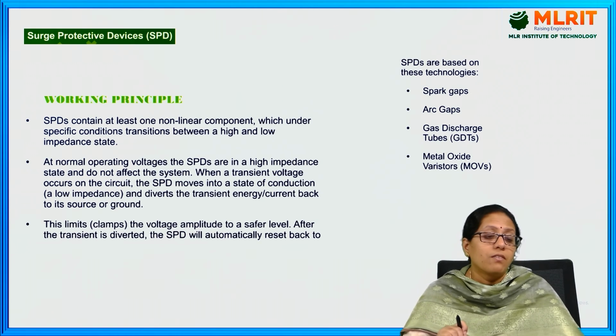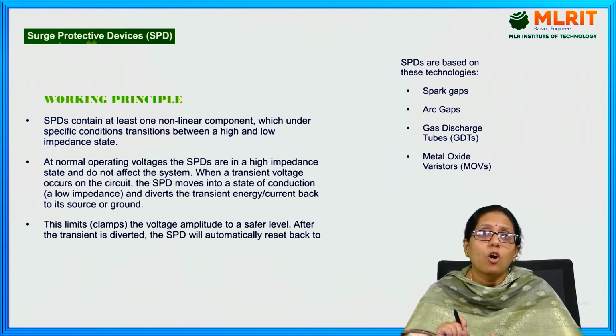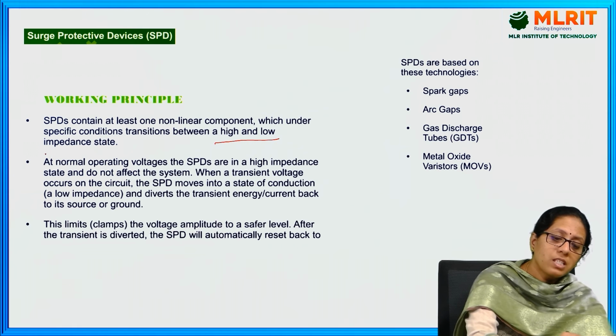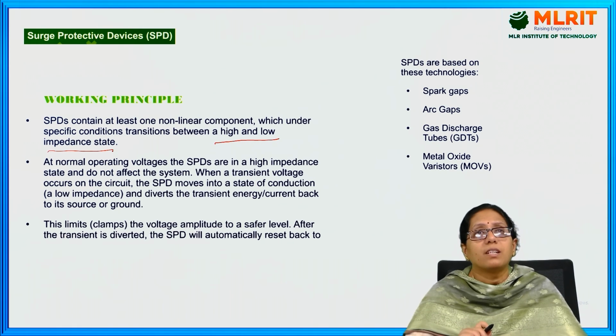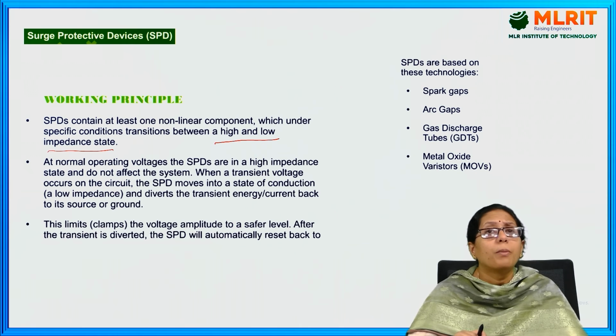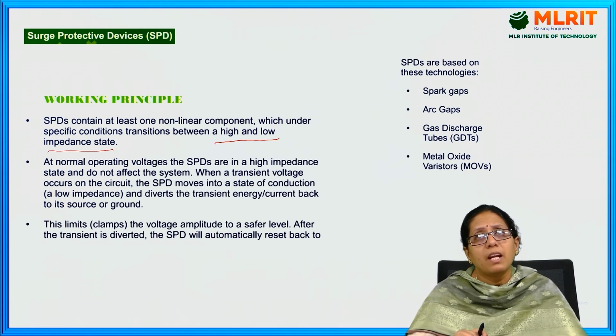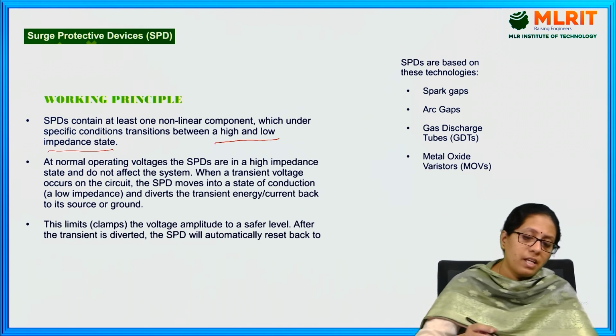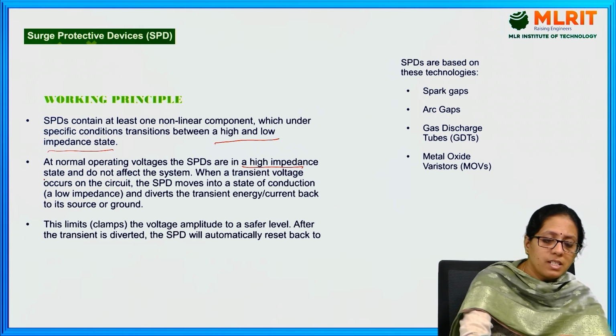Surge protection device working principle. SPD contains at least one non-linear component which, under specific conditions, transitions between the high as well as low impedance state. The normal operating voltage of SPD is at high impedance state.